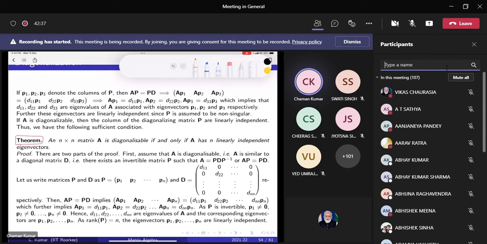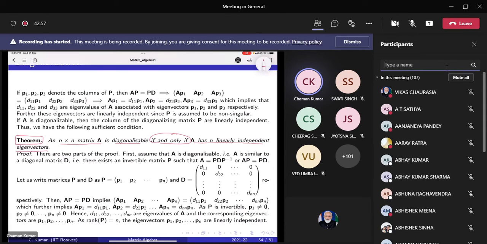So now we can go to the next theorem, which says that an n cross n matrix A is diagonalizable if and only if A has n linearly independent eigenvectors. So this theorem has two parts.